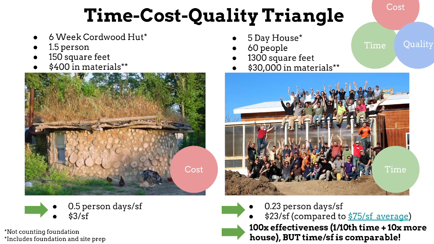Then we made this cordwood hut. But let's look at some numbers behind that. Cordwood hut, 6-week construction cycle. It was 1.5 people on average doing it, 150 square feet, $400 in materials.